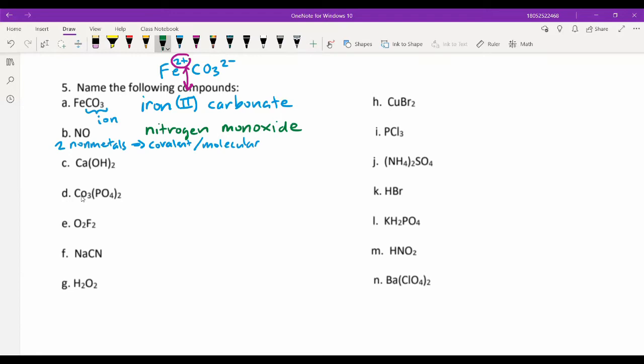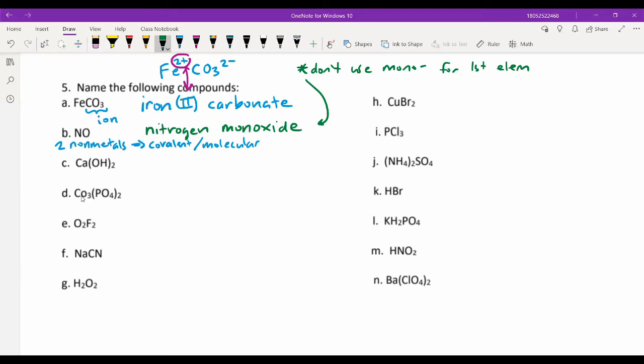Prefixes like mono, di, tri are needed for covalent compounds, but mono only on the second element. So write that up here: don't use mono for the first element.